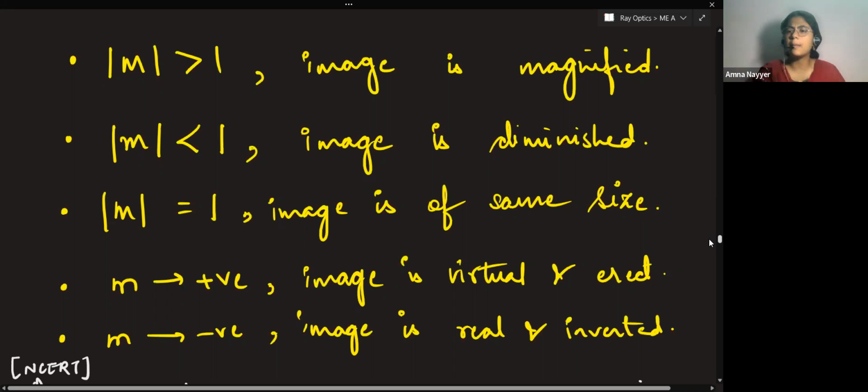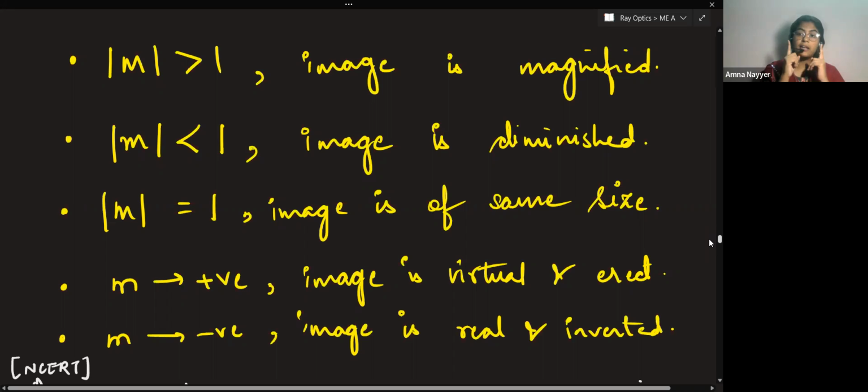Suppose let's take this example only, m is equal to minus 3. So what is the magnitude in minus 3? Just the number 3 is the magnitude. Now, if you get the magnitude greater than 1, it means your image is magnified. If you get the magnitude of magnification less than 1, it means it's a smaller image than the object, or a diminished image, you can say.